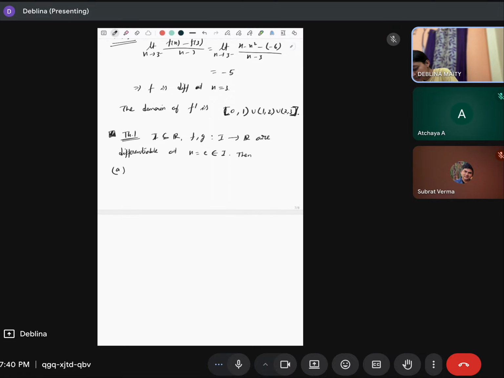First one is alpha f dash c equals alpha times f dash c, where alpha is a real number.